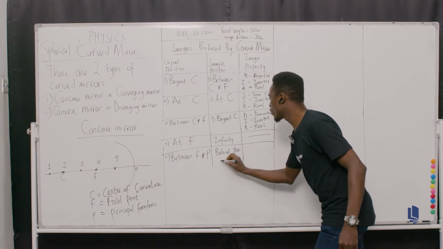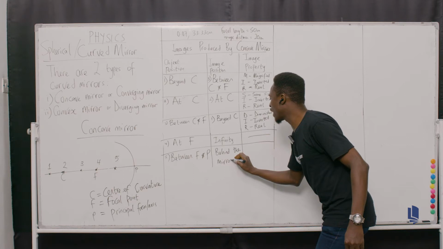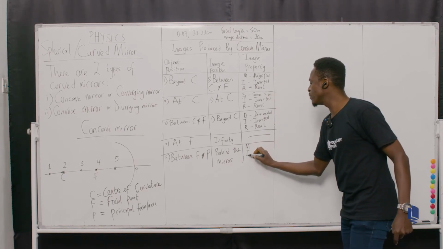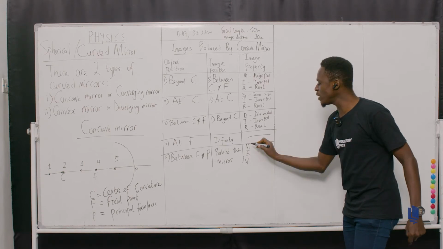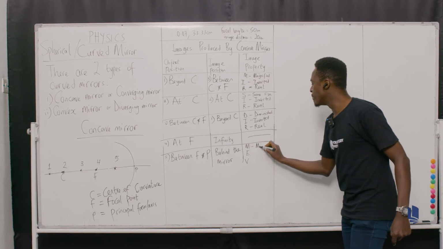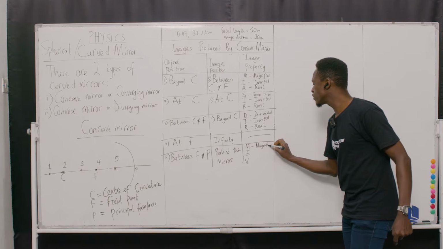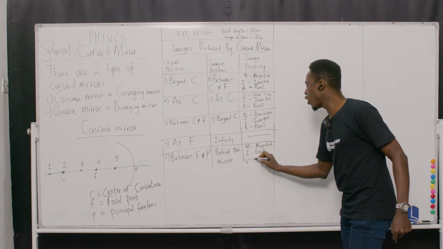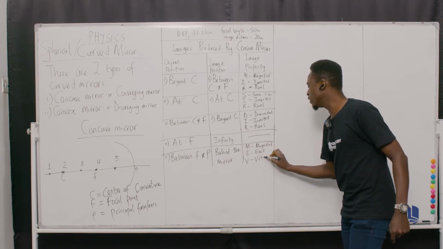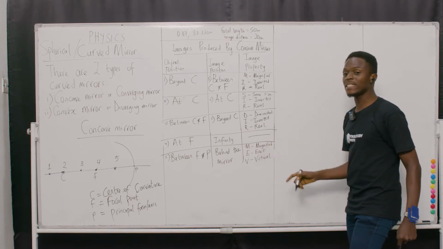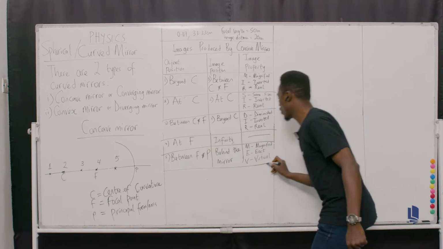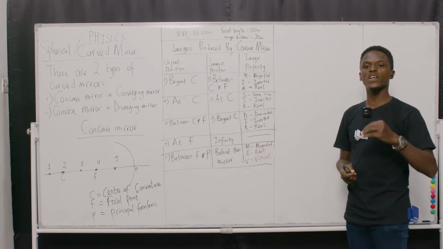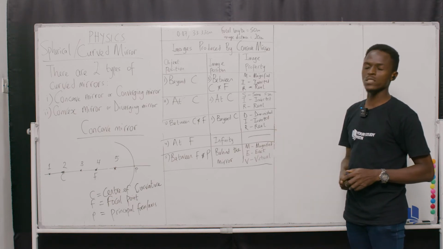And it is this one that gave birth to the image property MEV. MEV standing for magnified image, erect image, but virtual image. Magnified, erect, virtual. These are the 5 types of images, even up to your university standard. They don't change these things from here.